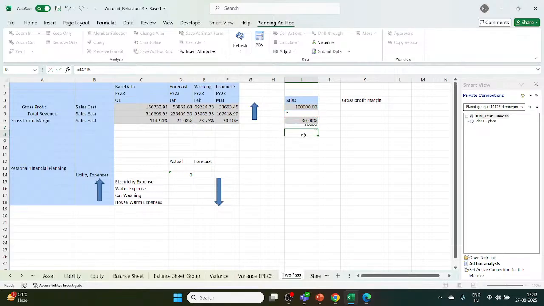So here you can see 1 lakh multiplied by 30%, then 30,000 would be the gross profit here, not the sales. When we apply the formula, sales multiplied by the gross profit margin, it would be the gross profit.